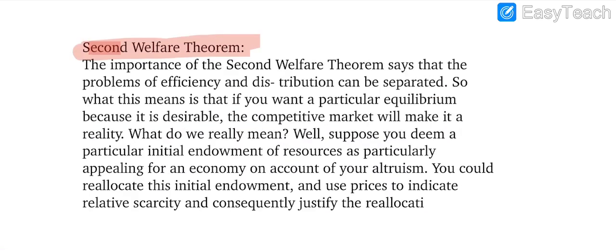And what is the second welfare theorem? The second welfare theorem leads to the problem of efficiency and redistribution, and how the equilibrium takes place in the competitive market. Suppose we deem the initial endowment of resources unappealing for an economy on account of our altruism.